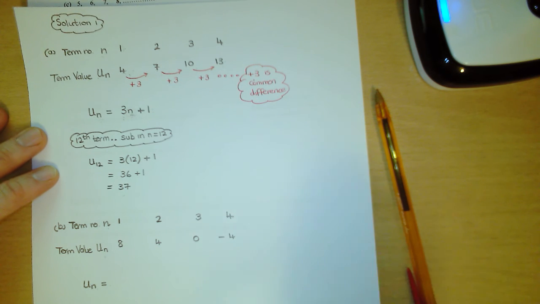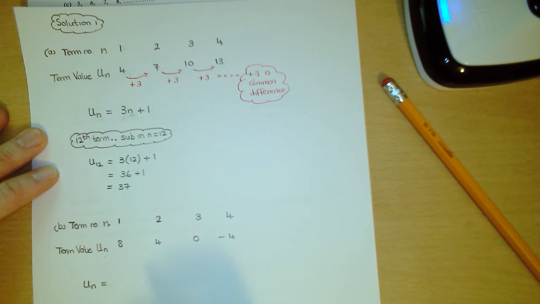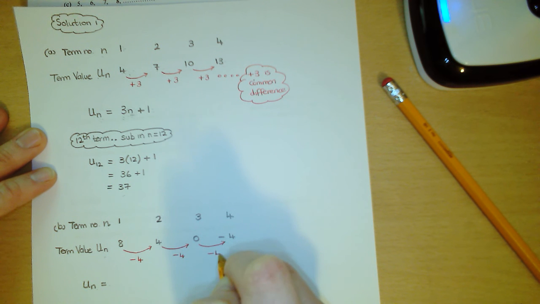Now, next thing we do is we work out what the common difference is between all of the term values. So to get from 8 to 4, we're subtracting 4. To get from 4 to 0, we subtract another 4. And then to get from 0 to minus 4, we subtract another 4. So it's a linear sequence. It's going down by the same amount each time.